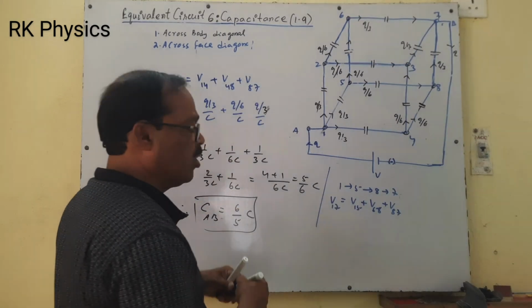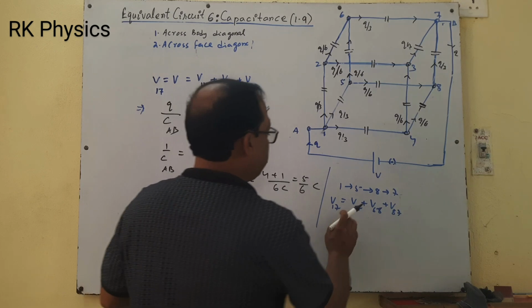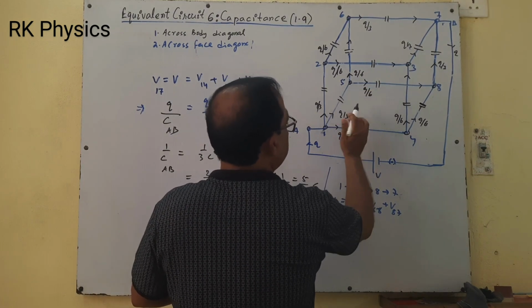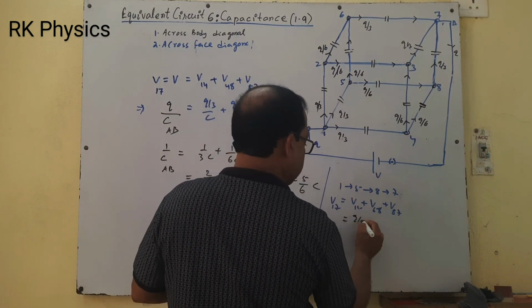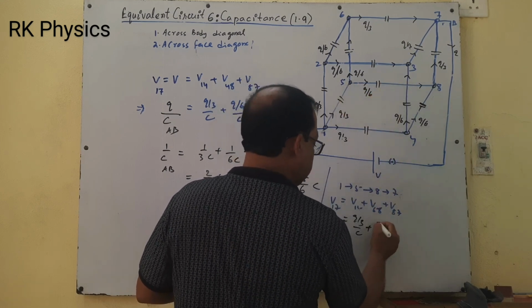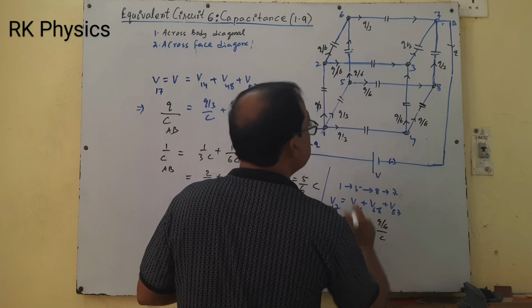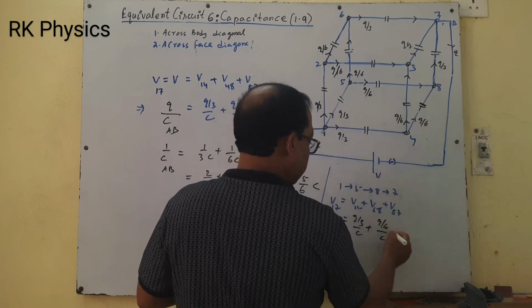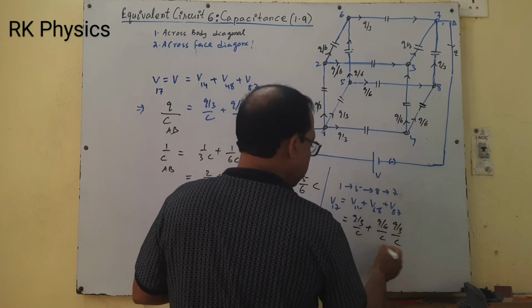Come to the first part, 1 to 5: the charge is Q by 3, so that is Q by 3 by C. From 5 to 8 the charge is Q by 6, so Q by 6 divided by C. Then 8 to 7 is again Q by 3C.